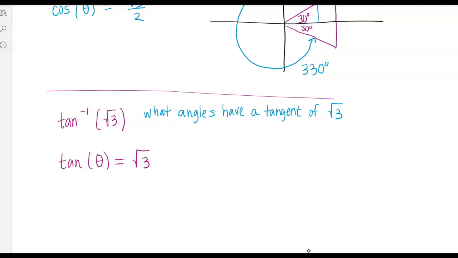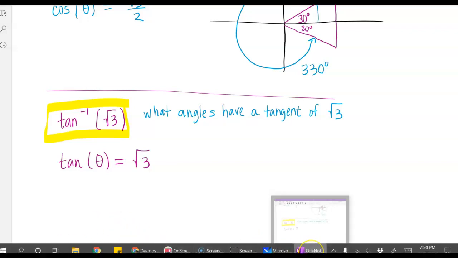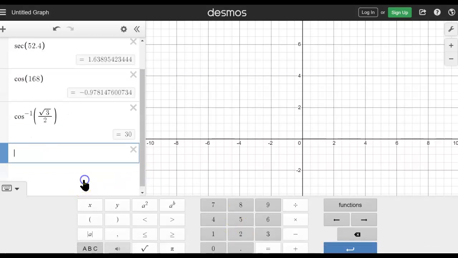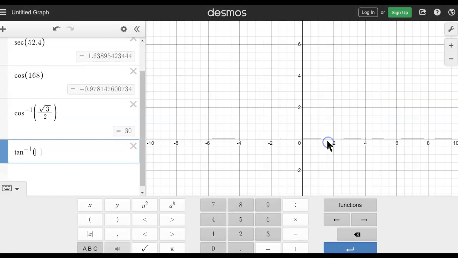In the calculator, this is what we type in. We have tangent inverse square root of 3.